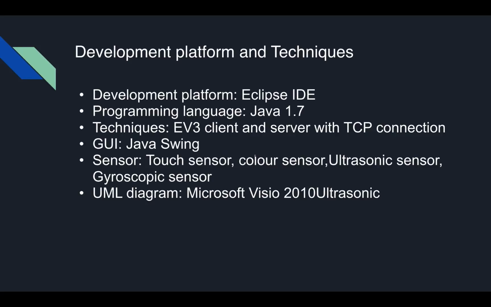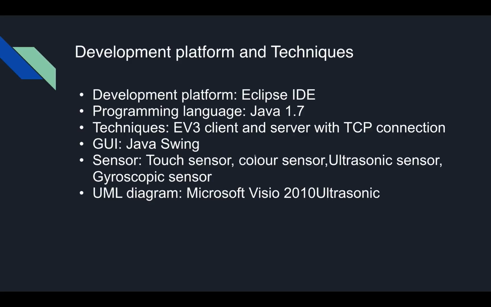We also describe the development platform and the techniques we can use for the hardware and the software. The development platform is Eclipse IDE and the programming language is Java 1.7, as we described. Java 8 is not supported. The techniques include the EV3 client server with TCP connection.